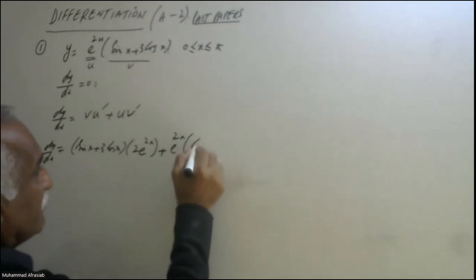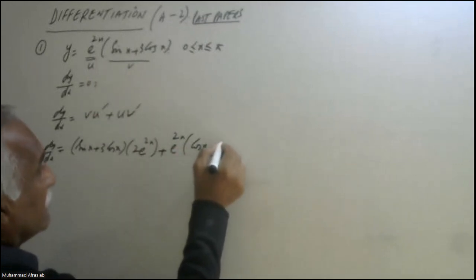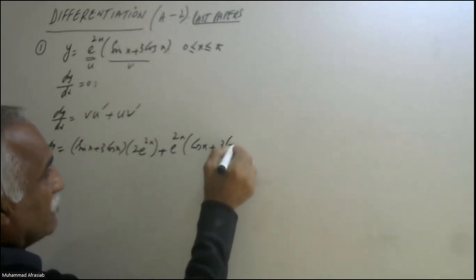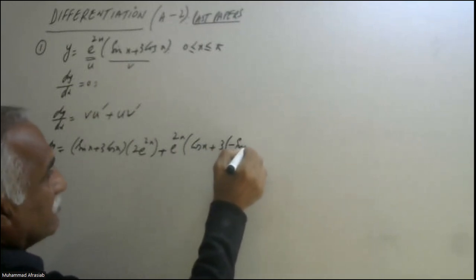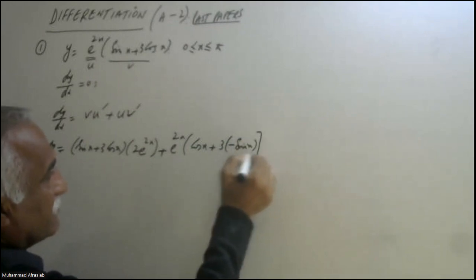So sin x derivative is cos of x plus 3 into cos derivative, which is minus sin of x.